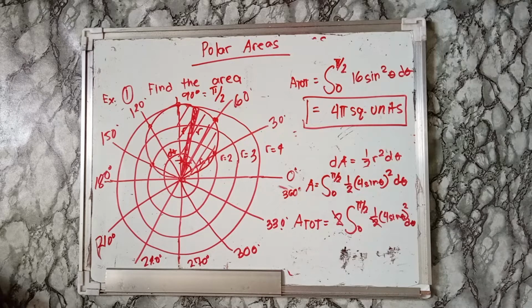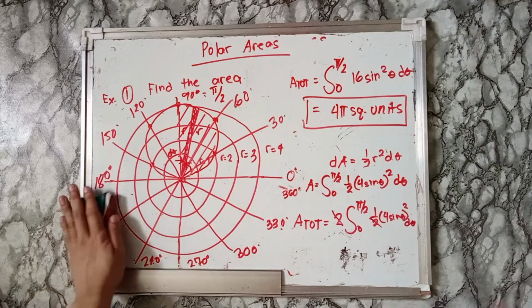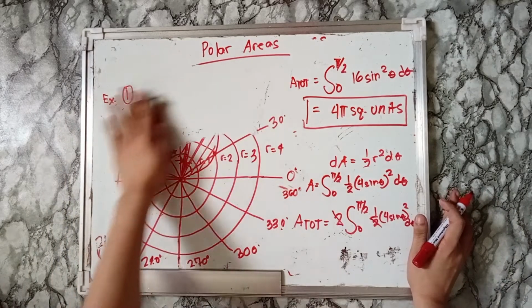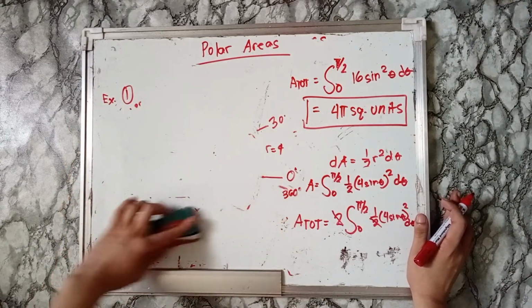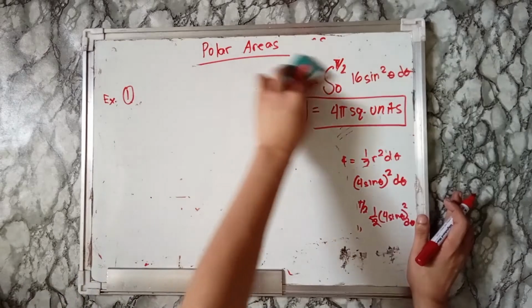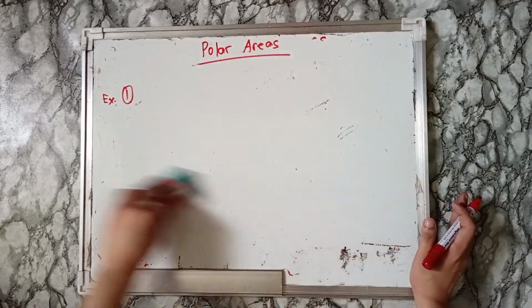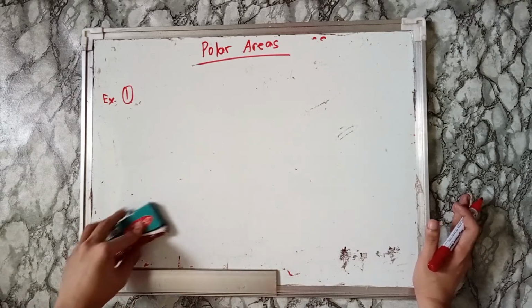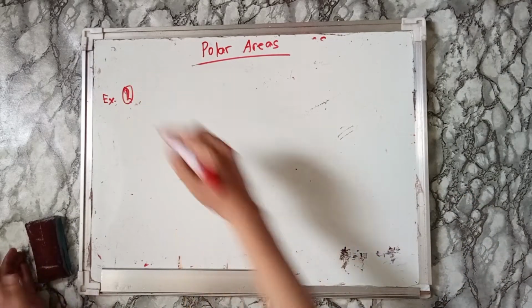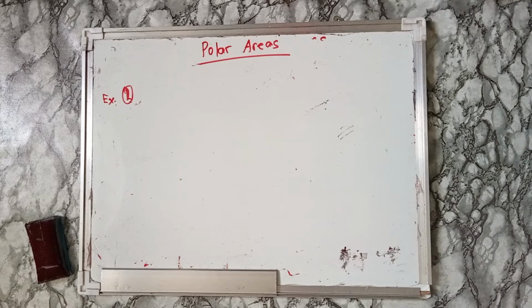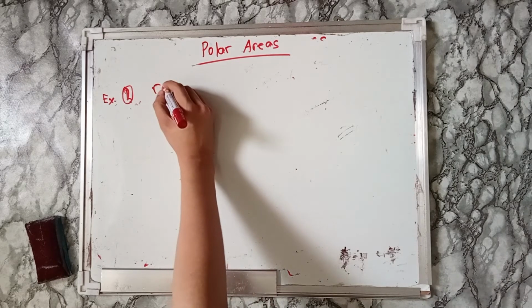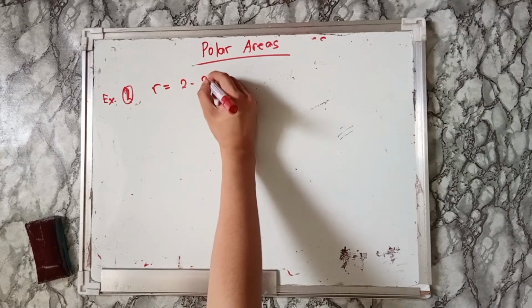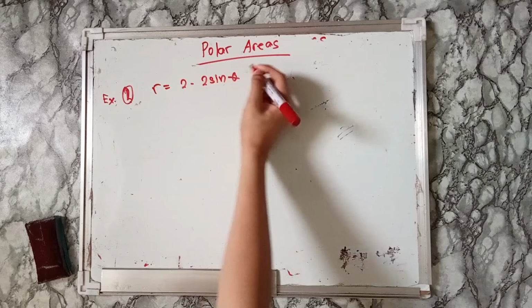Now let me give you another example. So let me erase this. Example number 2. Let's say find the area of r equals 2 minus 2 sine theta.